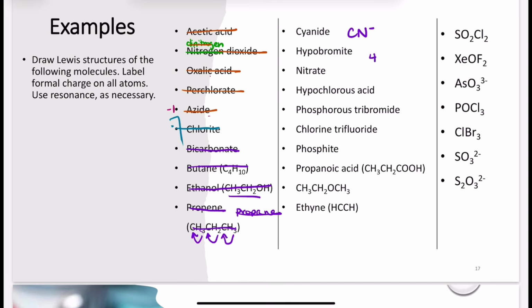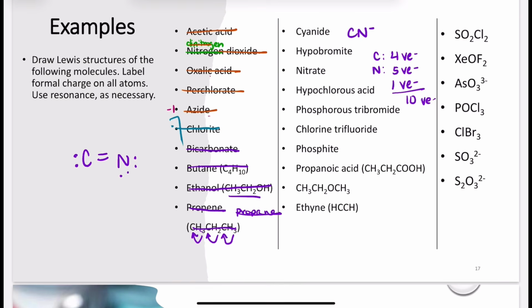Cyanide, CN minus. 4 valence electrons from carbon. Nitrogen, 5 valence electrons, plus 1 extra valence electron, overall 10. So with your carbon and your nitrogen, I've used up 8, I've used up 10. Now I need to give both atoms their octet.